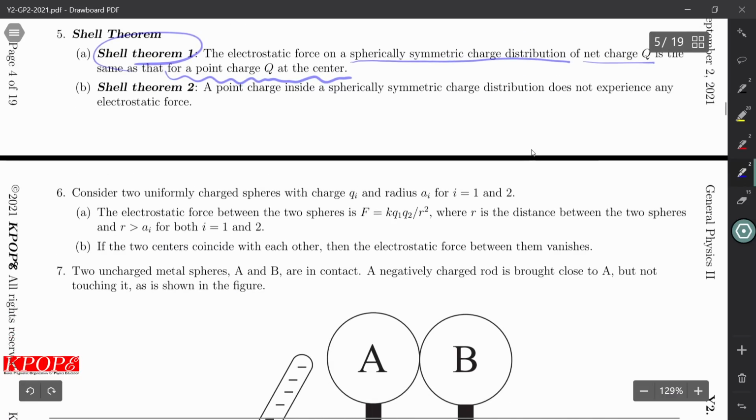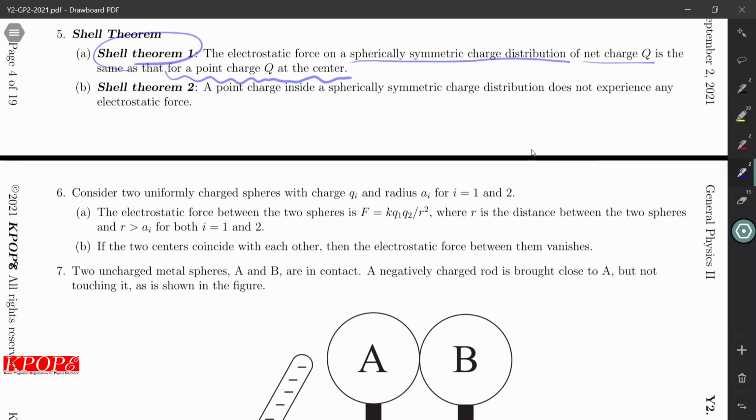Shell theorem 2. This is an advanced application, and let's read it. A point charge inside a spherically symmetric charge distribution does not experience any electrostatic force. So we have a spherical charge distribution, and inside the sphere there is no electric field and no electrostatic force.